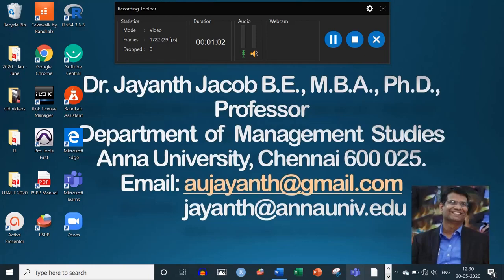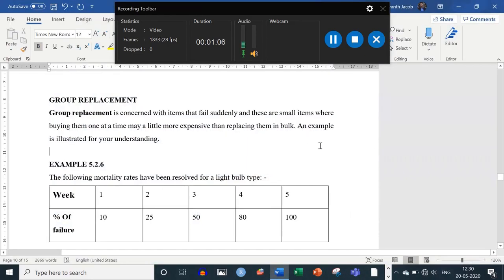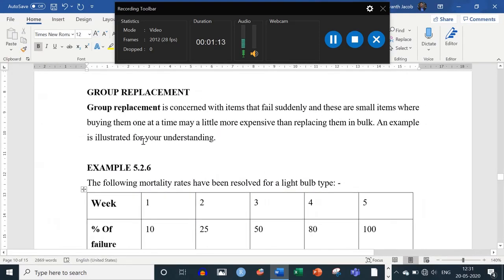Now, if we were to look at this definition of group replacement, you can see this here on the screen. Group replacement is concerned with items that fail suddenly, and these are small items. And it's more economical to buy them in bulk and replace, taking the quantity discount factor into play, rather than buying one item at a time.